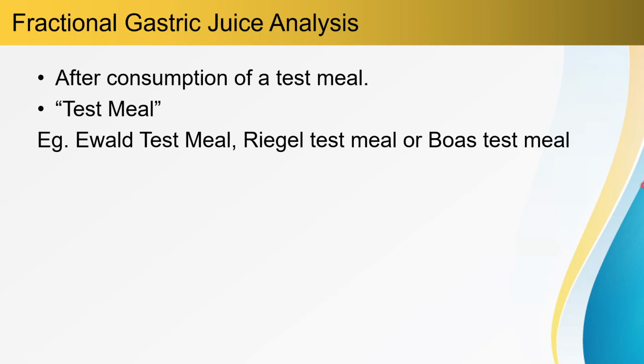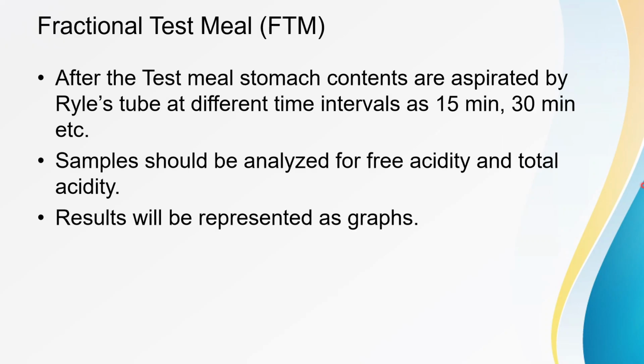After consuming a test meal, it can be either Ewald's test meal, Riegel's test meal, or Boas's test meal. After introducing the Ryle's tube into the stomach of the patient, we have to collect or aspirate the gastric juice at different intervals, like 15 minutes, 30 minutes, 1 hour, 1.5 hours, 2 to 2.5 hours.